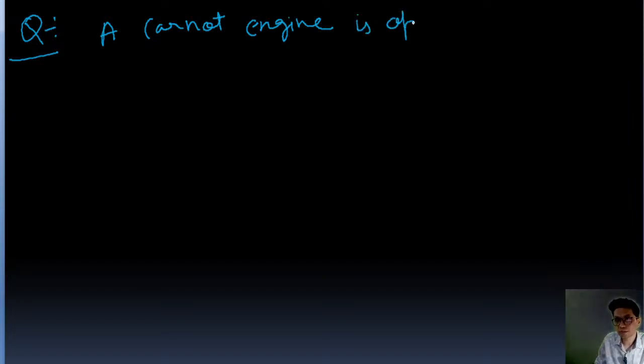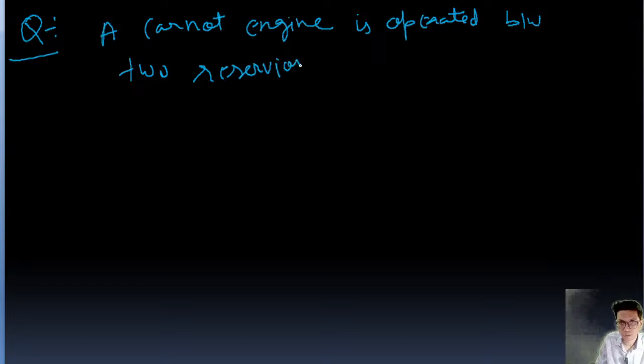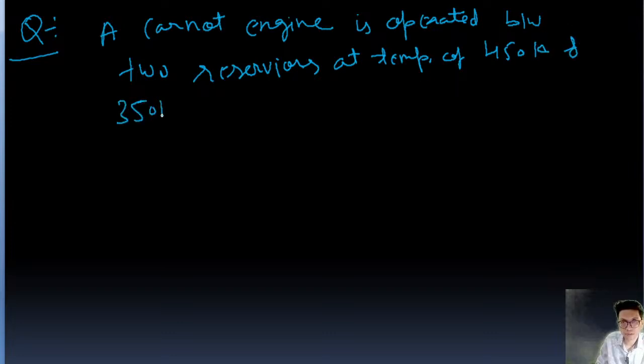Question is, a Carnot engine is operated between two reservoirs at temperature of 450 Kelvin and 350 Kelvin.